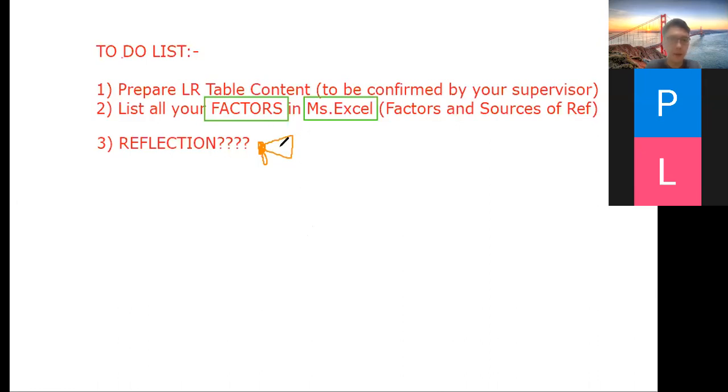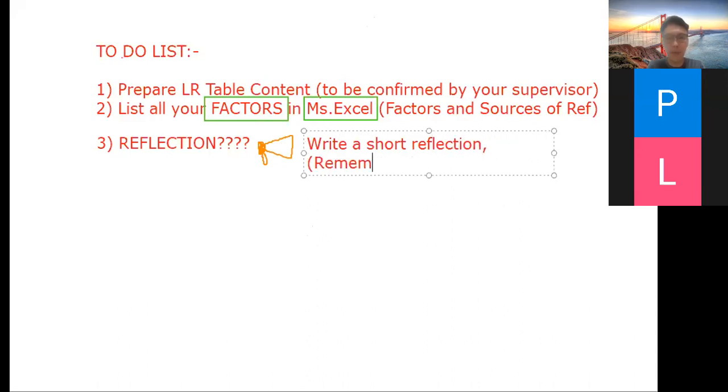For the reflections column, you have to do your reflections after today's lecture. You do chapter 3 because it's about quantitative. So please do your reflections. Write a short reflection.